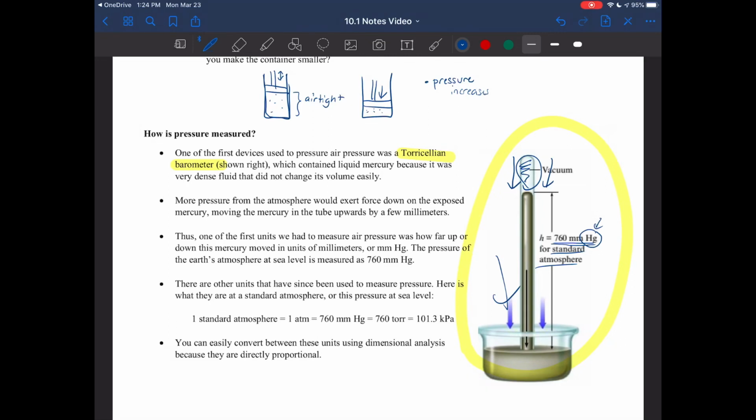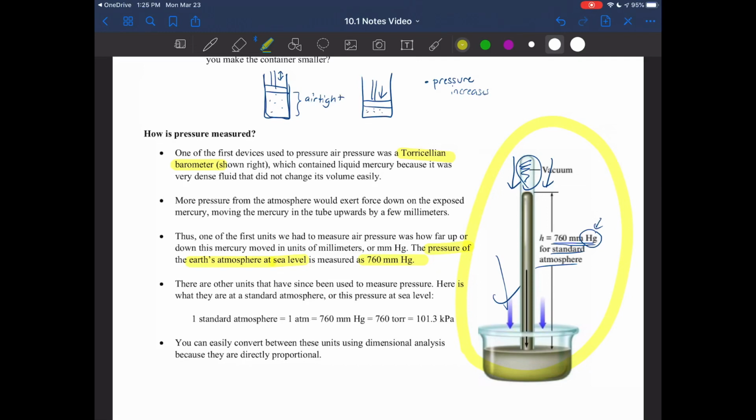And they noticed maybe the weather would result in changes in this level of mercury. Sometimes the mercury would go up, sometimes it would go down, so that would change what you would measure as the air pressure. 760 millimeters of mercury is actually the standard pressure of the Earth's atmosphere at sea level.